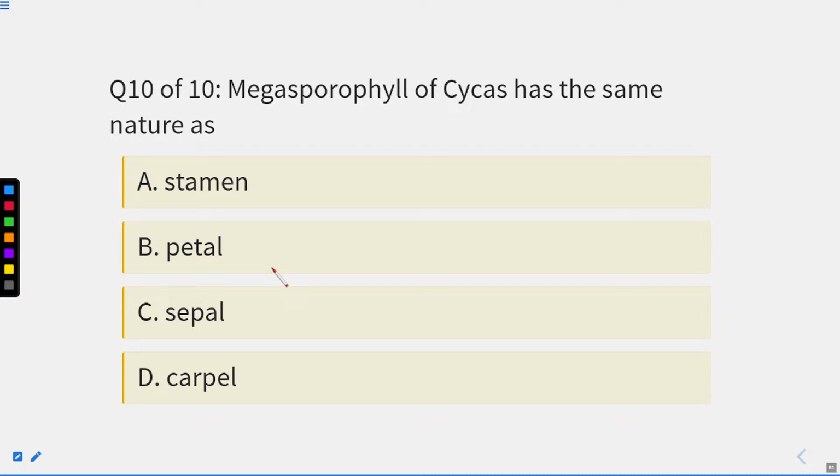Megasporophyll of Cycas has the same nature as stamen, petals, sepals, carpels. Very good. Some of the answers are coming. Yes, pycnoxylic.